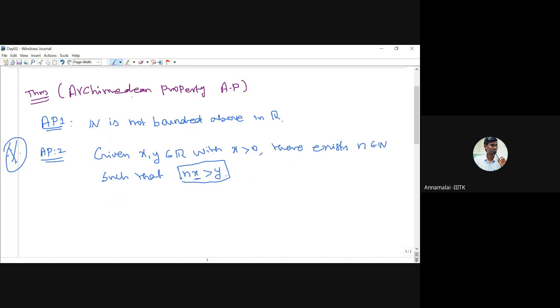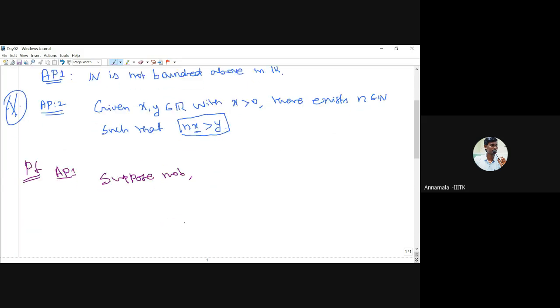Anyway, proof of the first one. How do we prove that the set of all natural numbers is not bounded above? Proof of the Archimedean property, first form. Suppose not. Suppose we assume the statement is false. What is the negation of N is not bounded above?